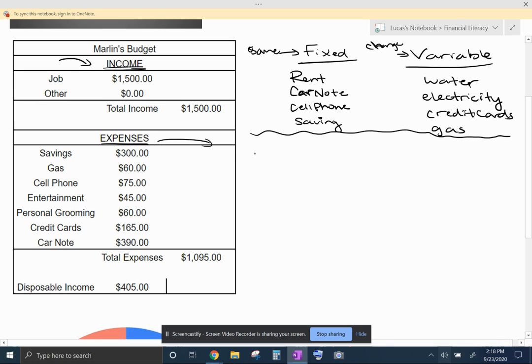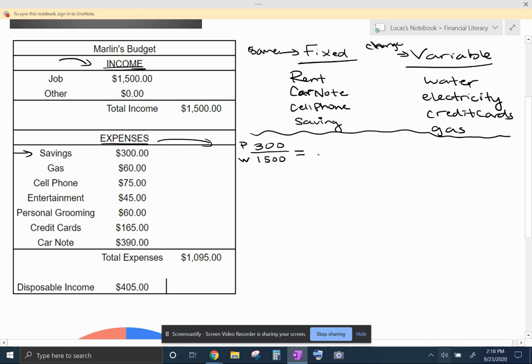So let's say that I wanted to figure out what percent I am spending on savings. Well, all I do is I take savings. Remember that this is our part, and 300 is our part, and our whole would be the total amount that we're looking at, which is 1,500, the total amount of the budget, however much he makes.